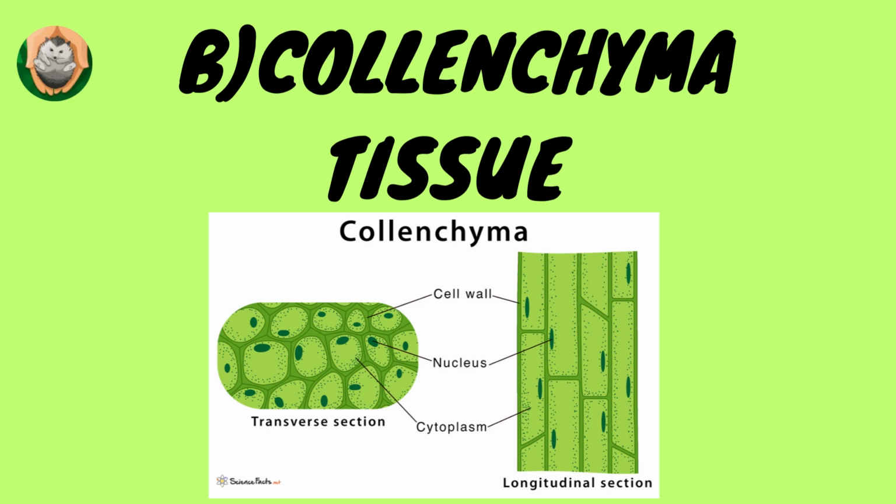If we consider the cell wall, they have a thick cell wall compared to parenchyma tissues. Irregular cell walls are made out of cellulose and pectin. Structurally, we can see the cells are elongated, rectangular, or polygonal.